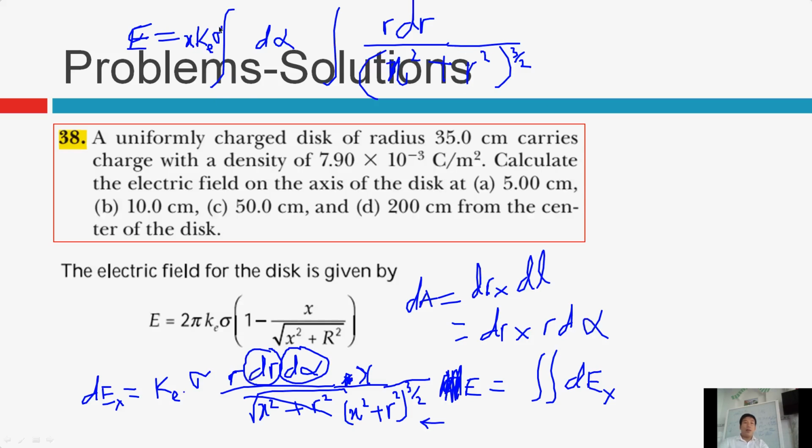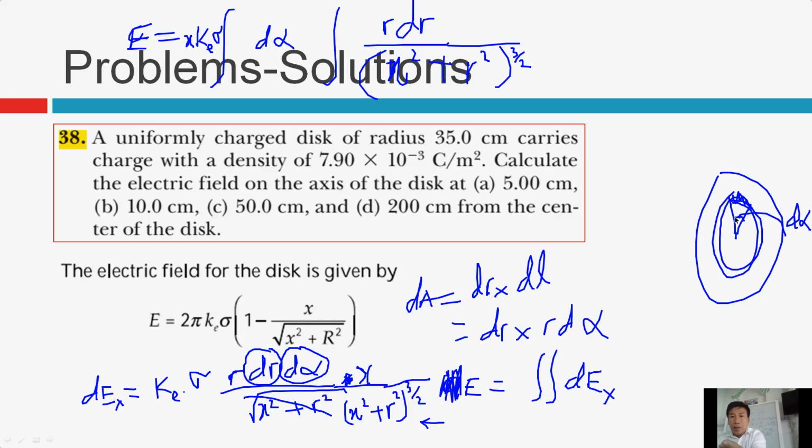Okay, so you need to determine the boundary condition here, because you have alpha. What is the boundary for alpha? When you rotate the radius around, you have a ring, right?